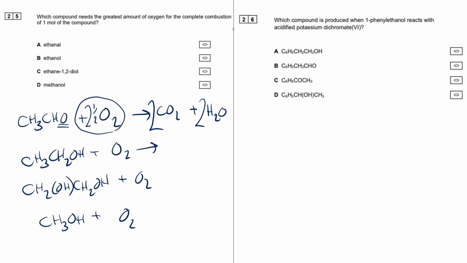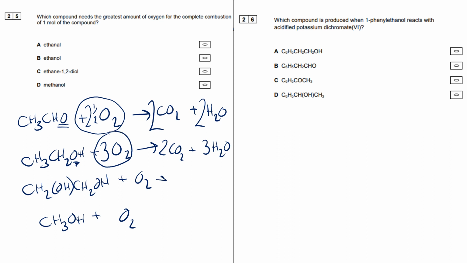If we were to combust ethanol, again you've got 2 carbons, so 2 CO2s, you have 6 hydrogens, so you need 3 H2O. That leaves you with 7 oxygens minus the one that's already in ethanol, so you're going to have 3 O2 there.